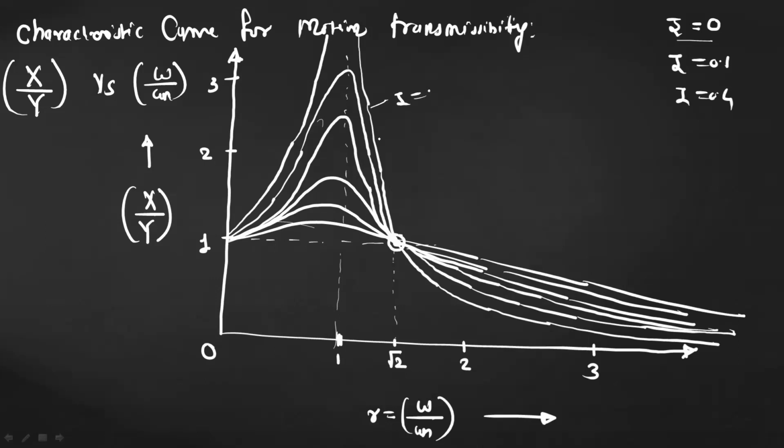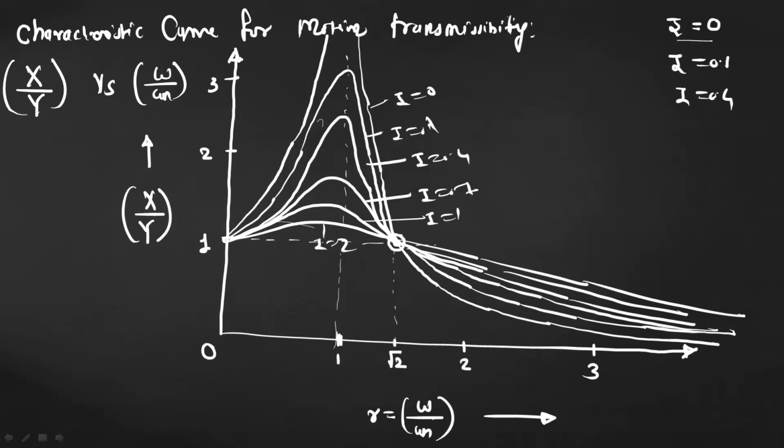So this is zeta 0, zeta 0.1, this is zeta 0.4, this is 0.7, then the overdamped condition, zeta 1, zeta 2. Even if you increase the damping factor, that is zeta 3, zeta 4, you can still observe the same behavior.